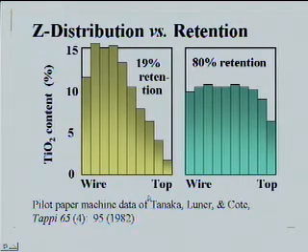This slide shows how much of the filler will be retained on the wire. It shows that without the retention aid, the filler titanium dioxide may not distribute uniformly on the wire, and you also get a lower retention, only 80%.